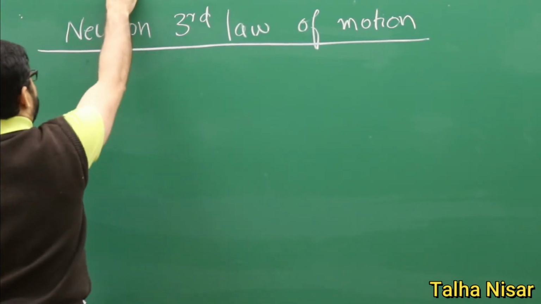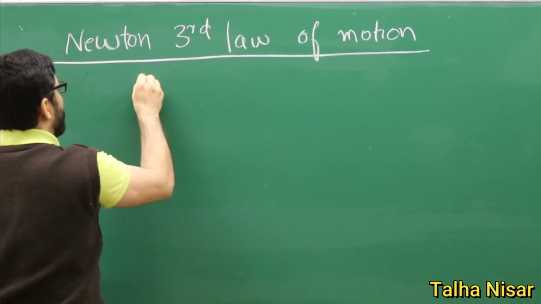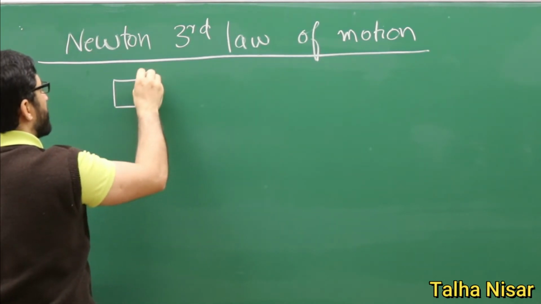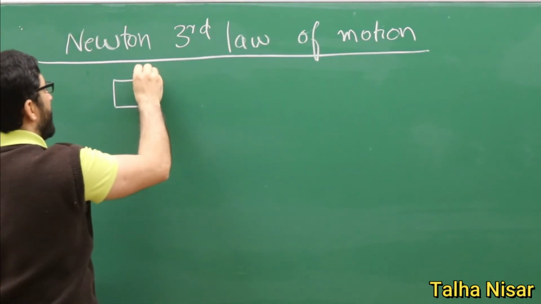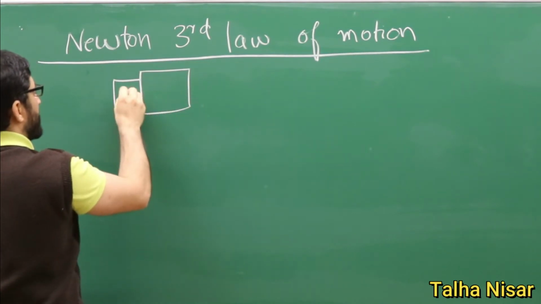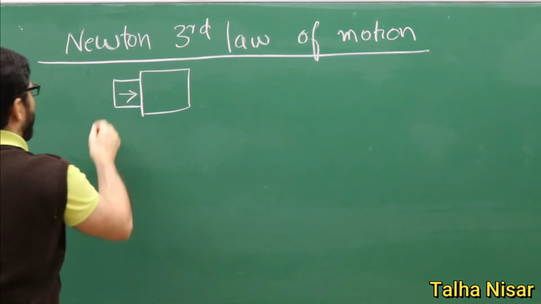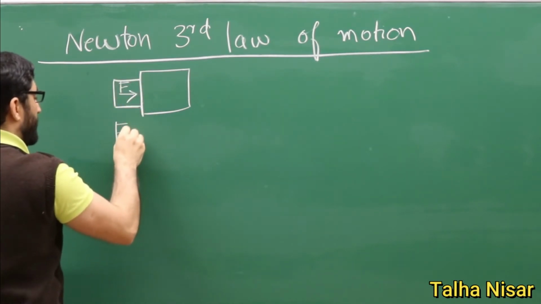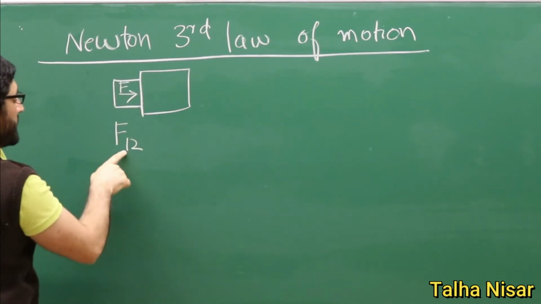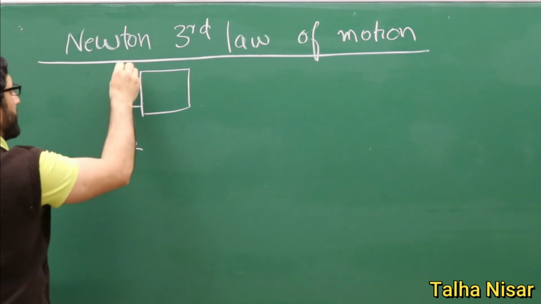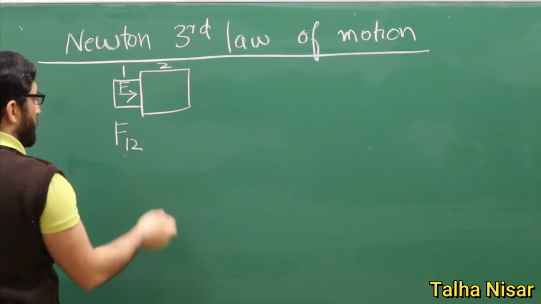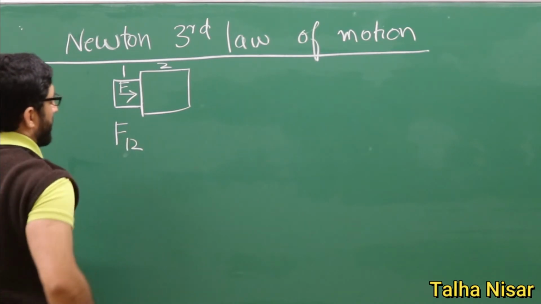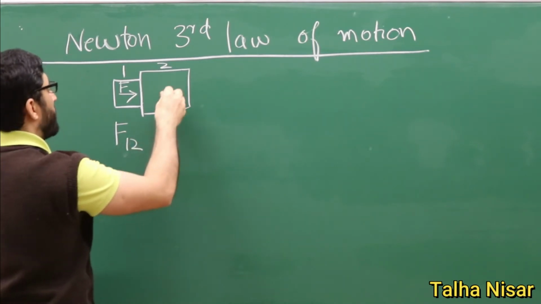For example, we have one box here. If this object is applying a force on a second object, we have a force in this direction. This force is F12, meaning this is object 1 and this is object 2, so the force of 1 is acting on object 2.